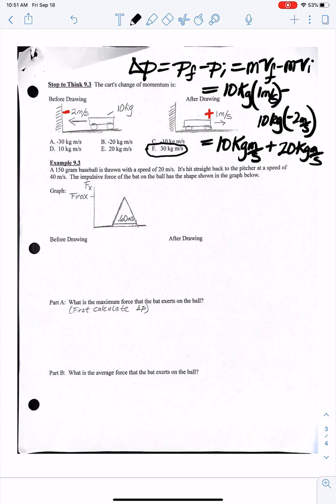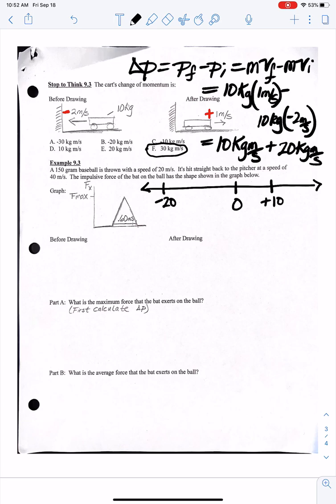So what we're seeing there, or why that's the case, is you have a cart that's traveling left at negative 20 units of momentum, and it ends at positive 10 units of momentum. If you think of it like a number line, 0 in the middle, it starts here at negative 20, and this is just momentum units, and it ends at positive 10.